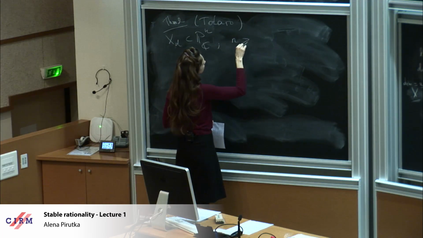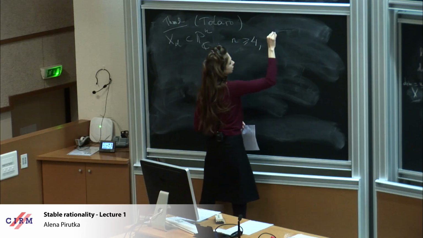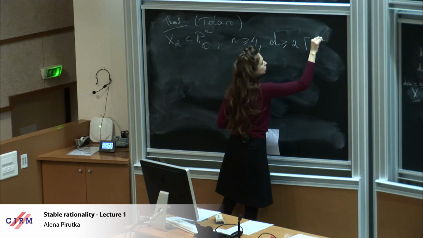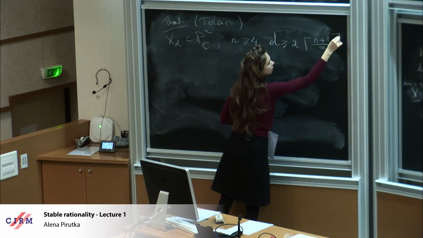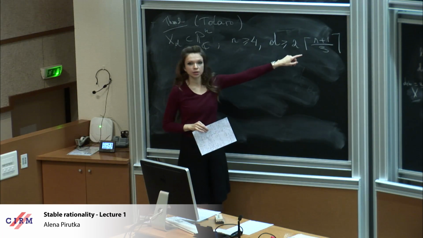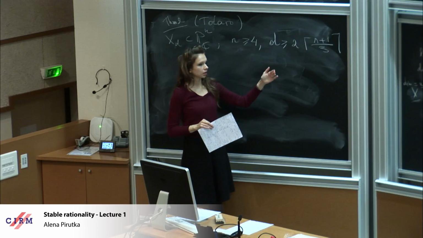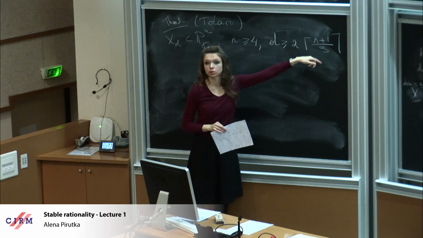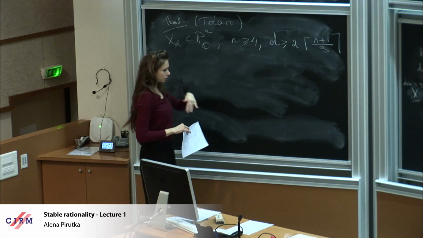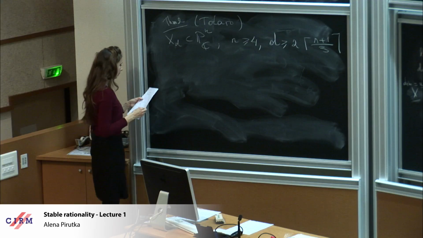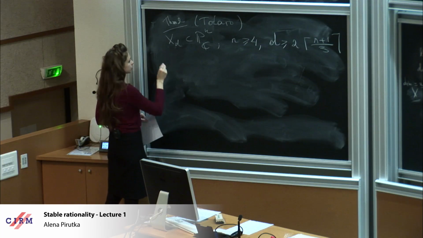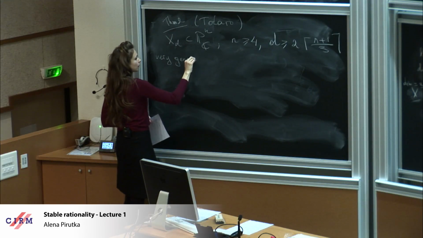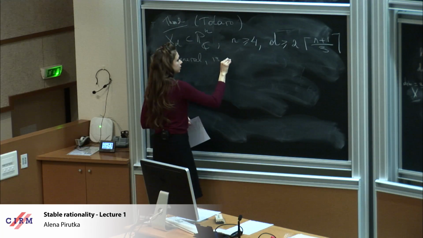So n is at least 4, and d is at least 2 times the ceiling of (n plus 1) over 3. This notation means the smallest integer not smaller than (n plus 1) over 3. Okay, so that's an upper approximation. And so those types of hypersurfaces, very general, are not stably rational.